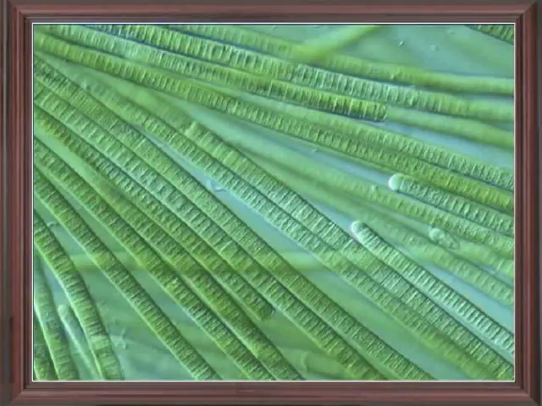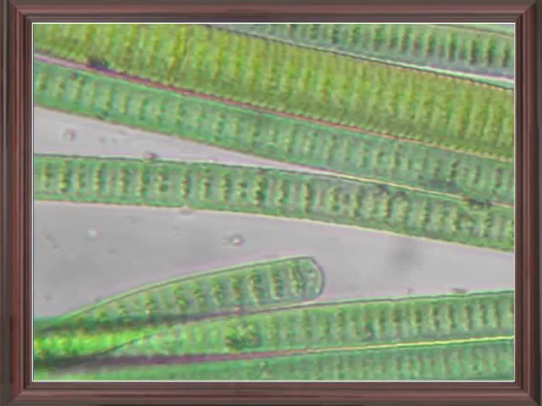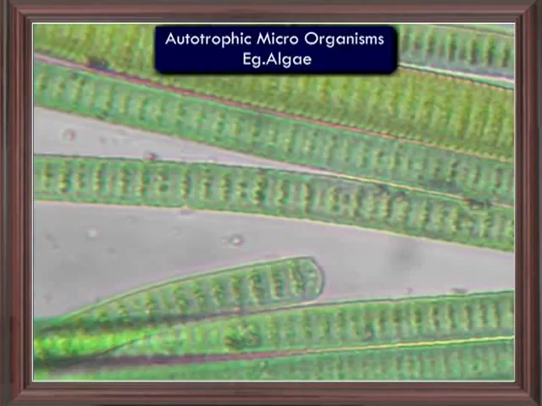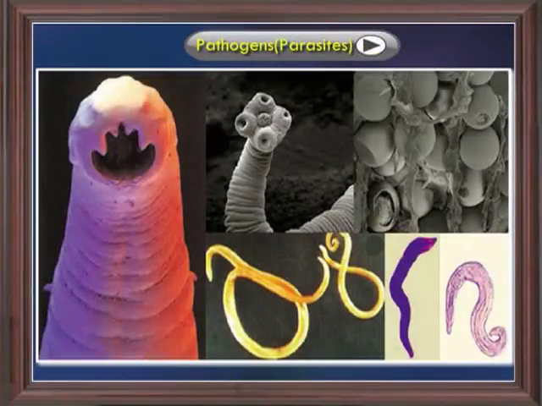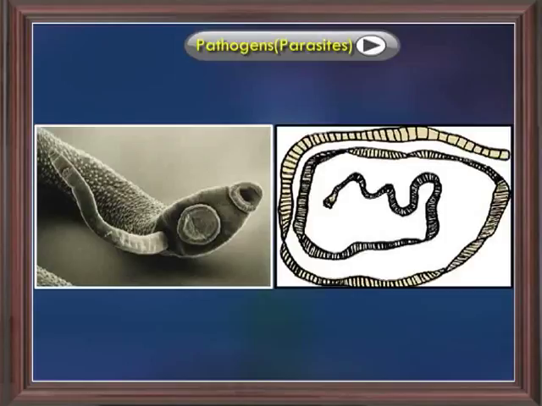Best examples for this type of organisms are autotrophic bacteria, algae, etc. Some microorganisms cannot prepare their own food and depend on other organisms and harm the organisms they live in. These are known as parasites. For example, most of the pathogens come under this category.